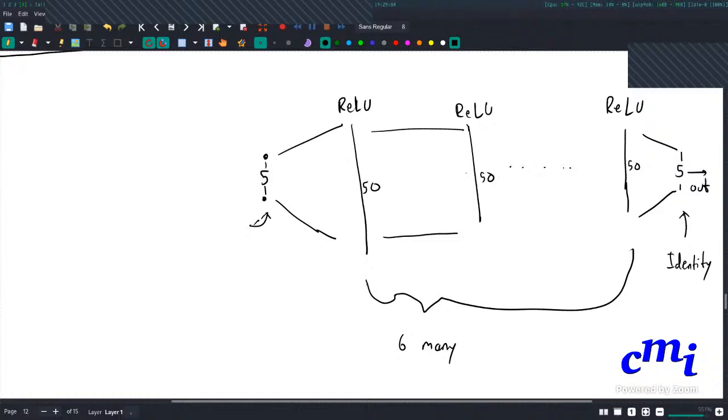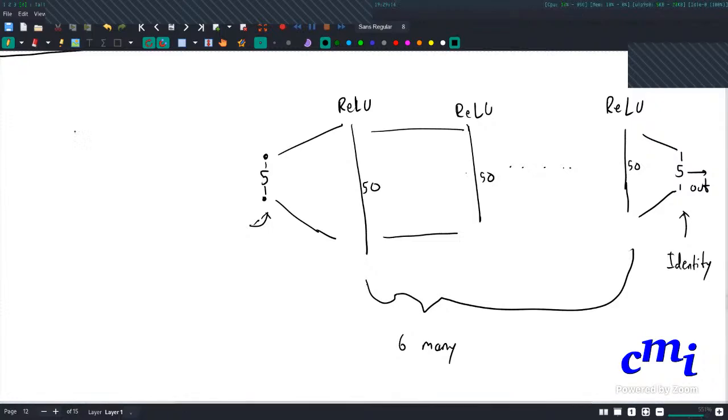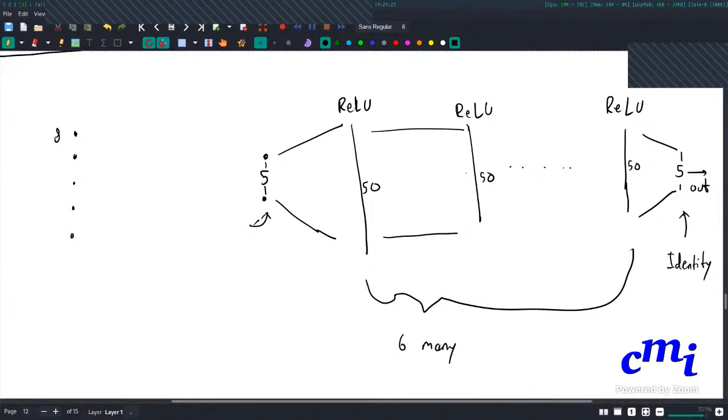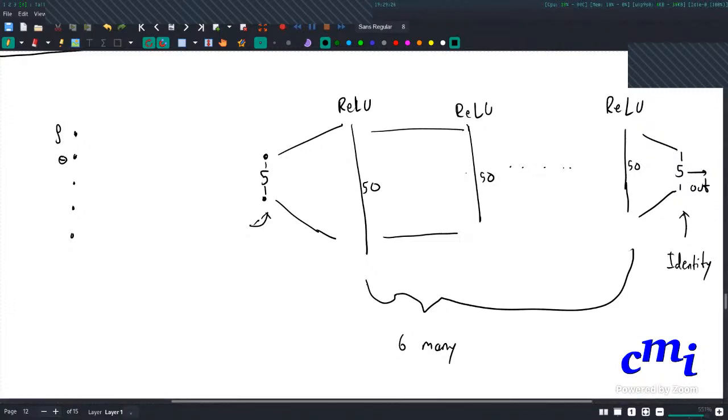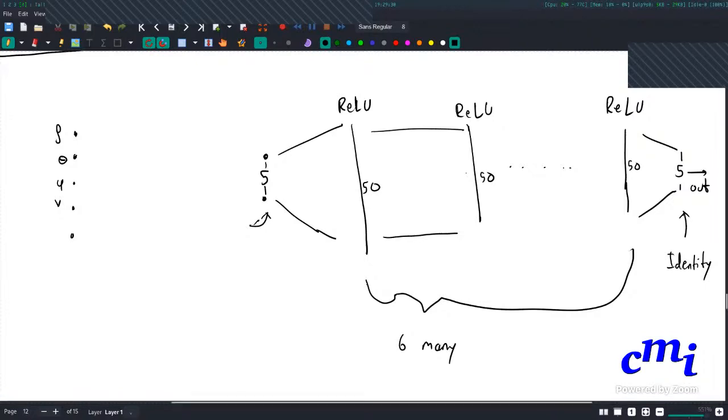I just have a question. If the input is 5-dimensional in this input layer, what do you mean with 50 ReLU layers? 50 nodes? Yeah, there are 50 nodes in the ReLU layer. So essentially your first layer, for example, is going to look like this. You're going to have exactly 5 inputs: rho, theta, and chi, and then your own velocity and the intruder velocity, right?